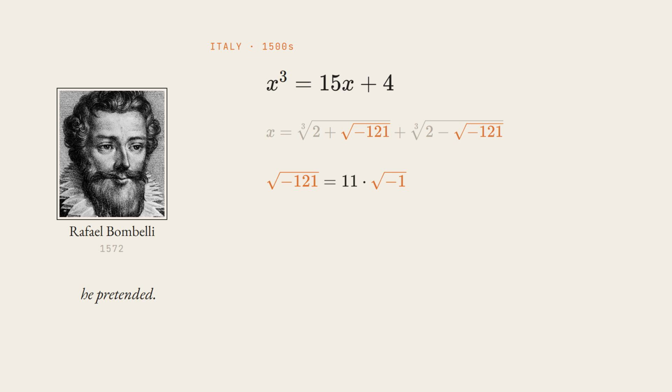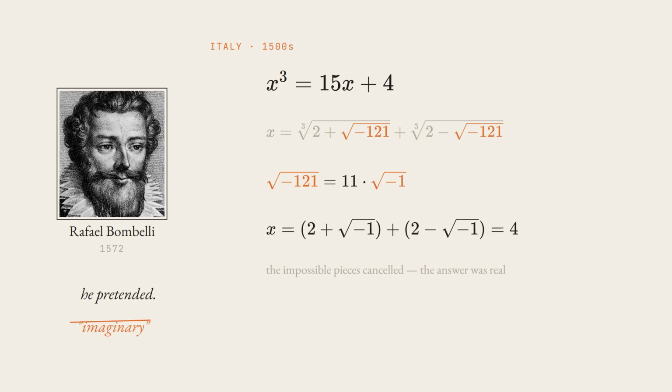He said, let me just suppose this number exists and carry it along like any other. And a few steps later, all the impossible pieces canceled, and out came the correct answer. A number that could not exist had walked straight through his calculation and quietly handed him the truth. Others were so unsettled, they called it imaginary as an insult, and the name stuck.